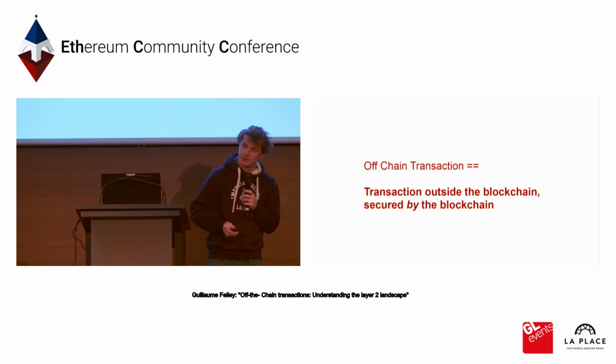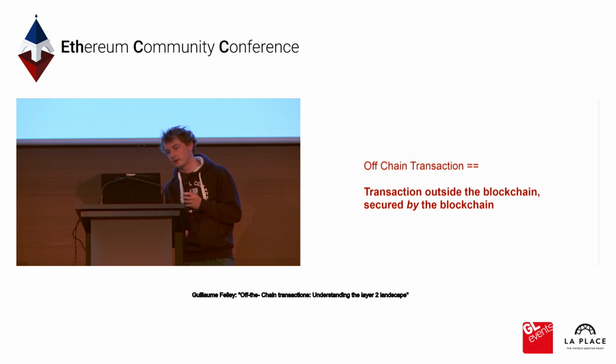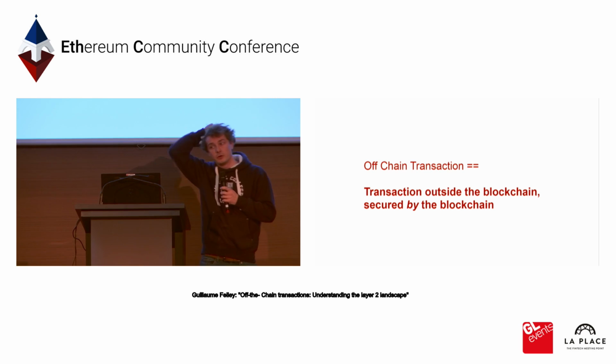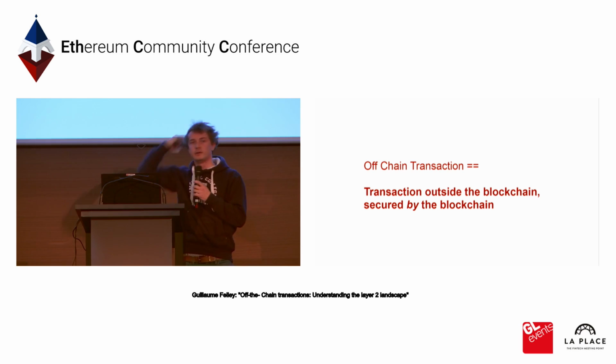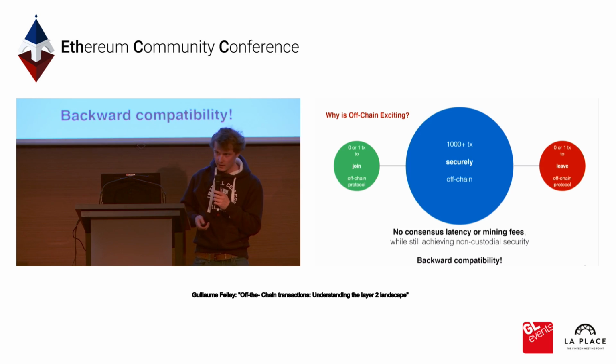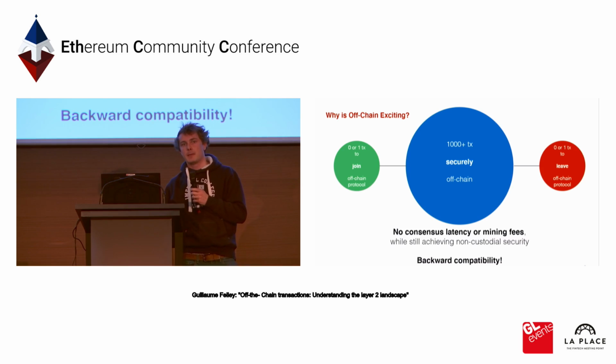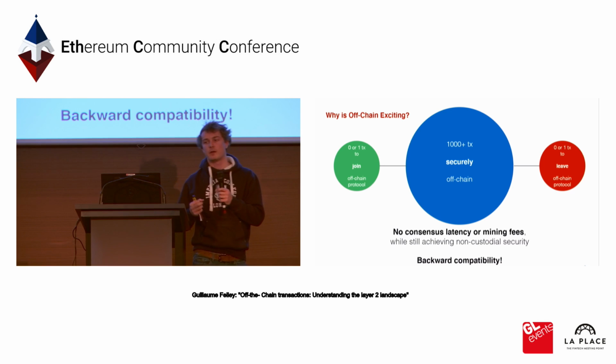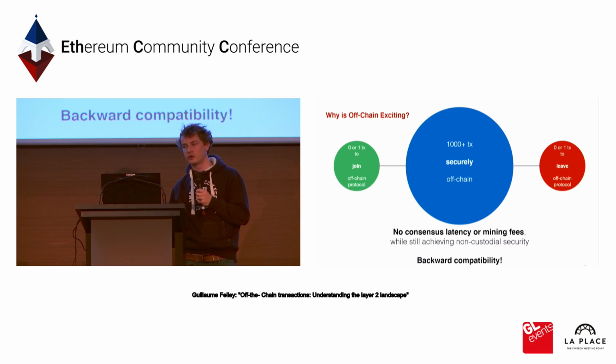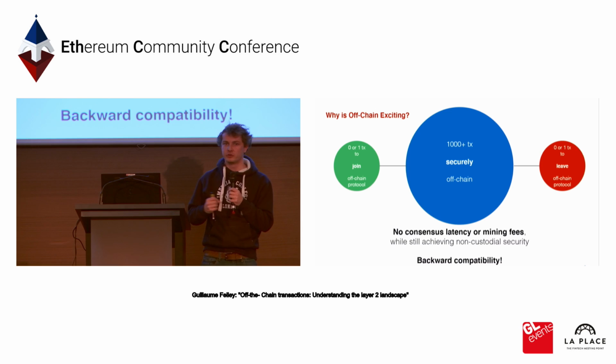In one sentence, an off-chain transaction is a transaction outside of the blockchain, but which is still secured by the blockchain. Why is it exciting? You just need one on-chain transaction to join and one off-chain transaction to leave the network.